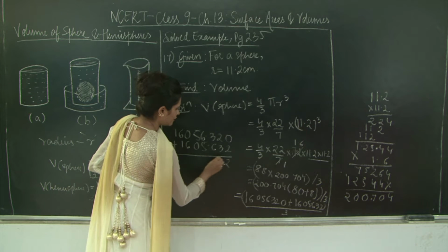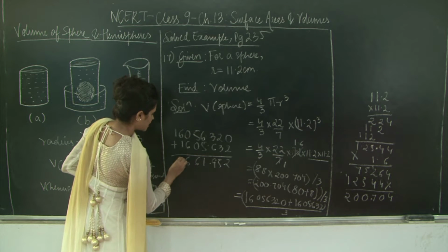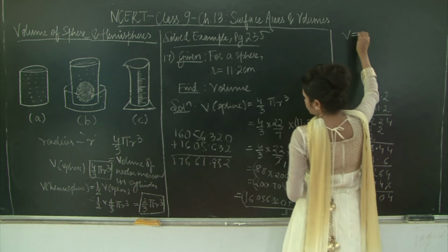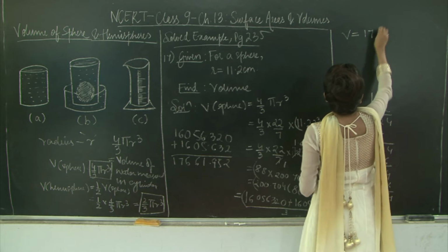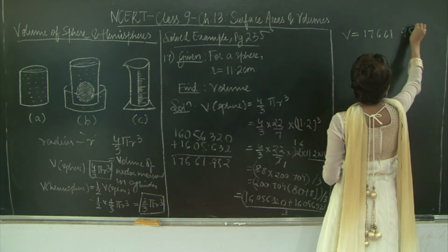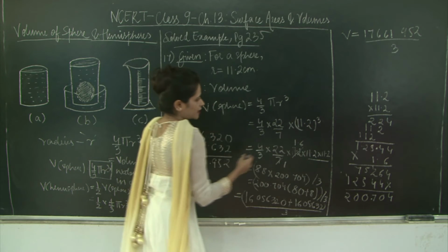So 259 11 6 6 7 1. So I get volume is equal to 17661.952 divided by 3. So I'm going to have to erase this section.